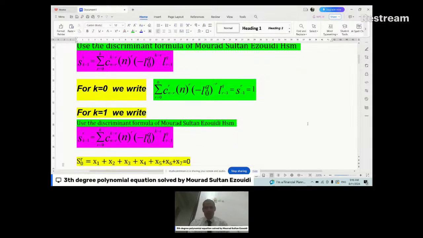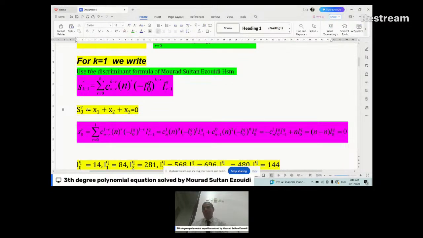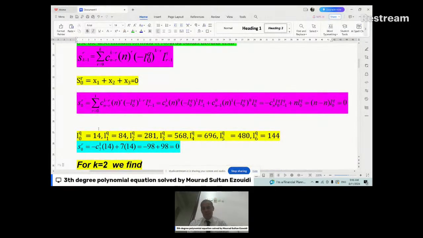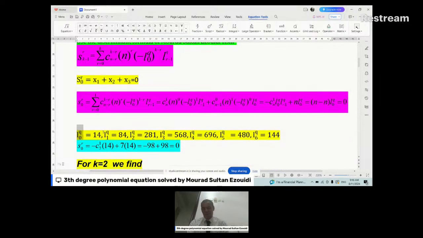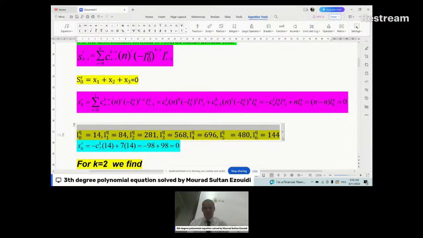Now, learners, I'm going to use S0 for the roots: x1 plus x2 plus x3 equals 0, because I'm working with a third degree polynomial equation. S0 is the original formula, and we said that it is always equal to 0. No need to check it.